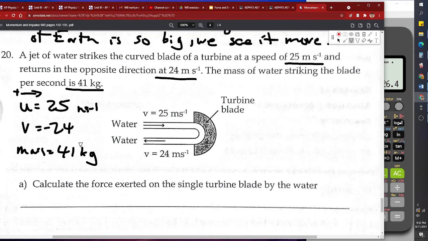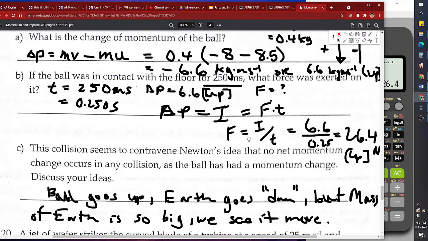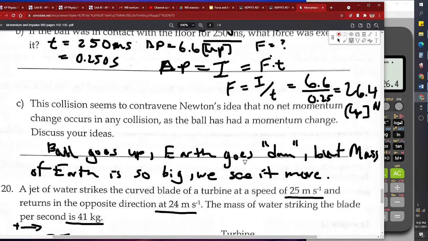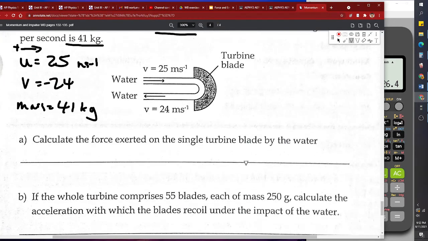Okay, so first of all, what is momentum? Well, calculate the force exerted on the blade by the water. So if we know the change in momentum, as we saw in question 19, part C, change in momentum or impulse involves force. So how can we find this one?